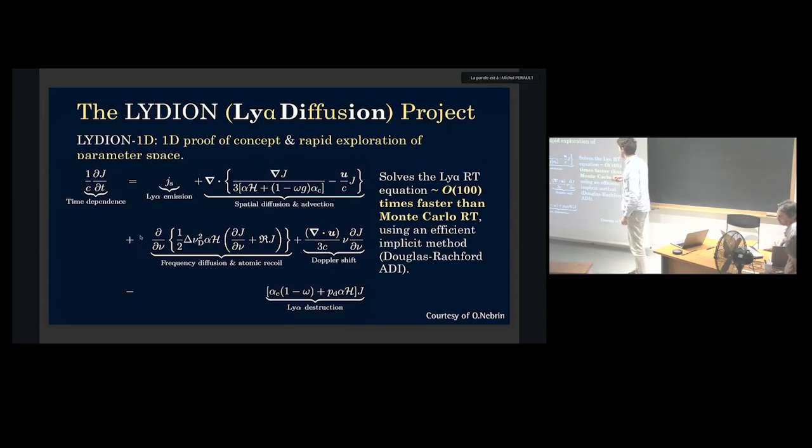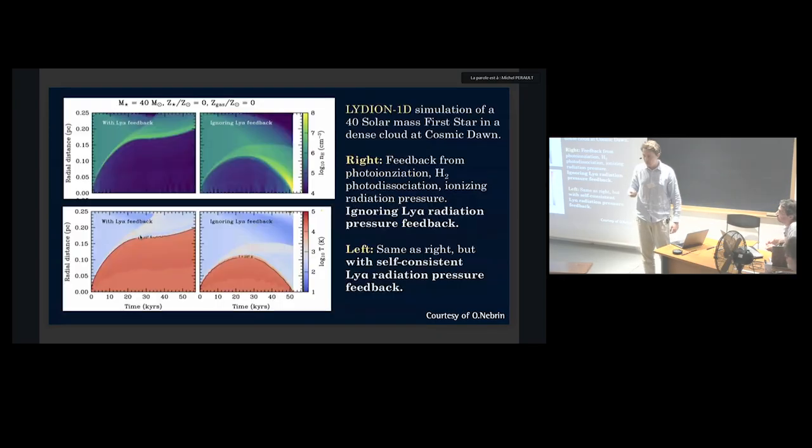And basically, you can solve the radiative transfer of Lyman-alpha much faster than standard Monte Carlo methods. So we couple this with a 1D hydrocode, so we perform the 1D Lyman-alpha RHD.